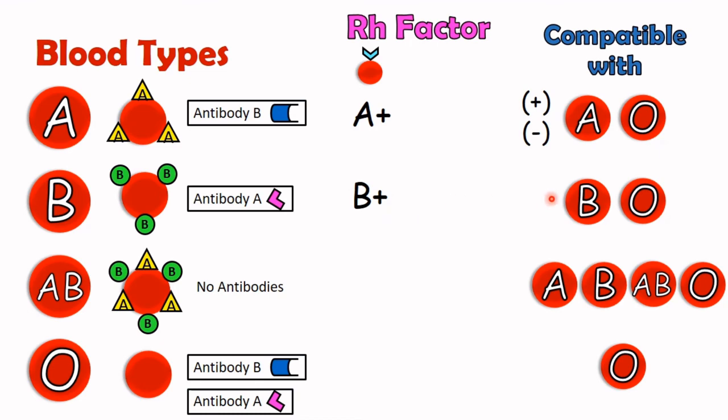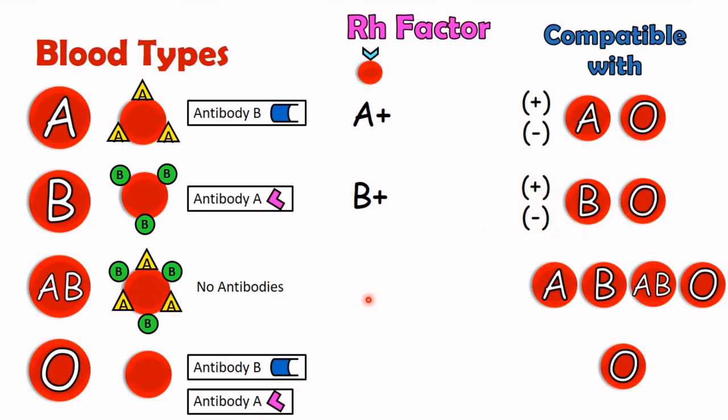B positive will be compatible with plus or minus from the B blood types and also the O blood types, meaning it is compatible with B positive, O positive, B negative, and O negative. It will receive from both of these kinds of blood types.